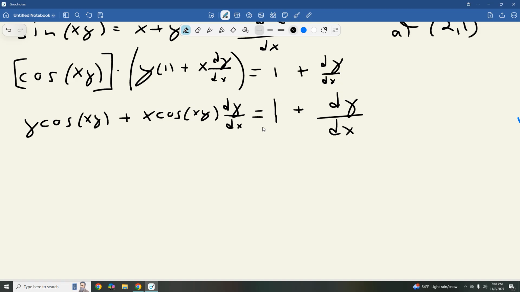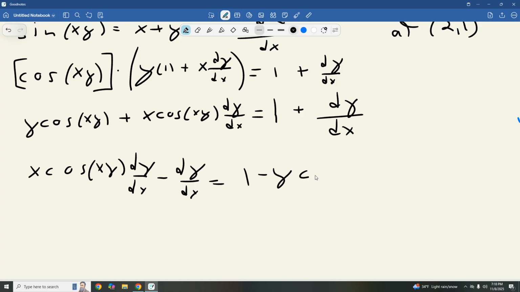So now all we have to do is add our terms to the same side. So we're just going to use this side: x cosine xy dy over dx minus dy over dx equals 1 minus y cosine xy.